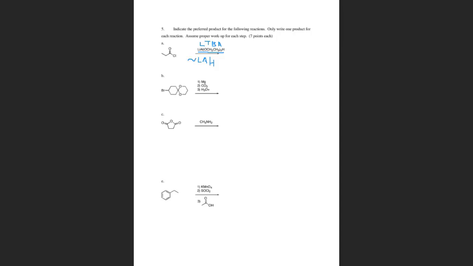It's sort of like LAH. So what LTBA does is it's a mild reducing agent, much like LAH, and it's really good at reducing a lot of carboxylic acid derivatives, with the exception of, I believe, esters. Let me check.